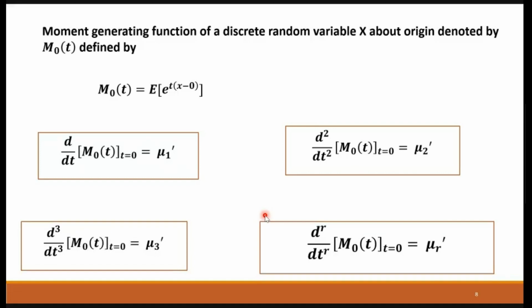Whatever answer we got for ma of t, the same thing we will get for m0 of t. d by dt of m0 of t at t equal to 0 is μ1 dash, d square by dt square of m0 of t at t equal to 0 is μ2 dash. मतलब क्या है, हमको मोमेंट जनरेटिंग फंक्शन निकालना है, उसको go on differentiating with respect to t and put t equal to 0. The first derivative will give you the first raw moment, second derivative second raw, etc.